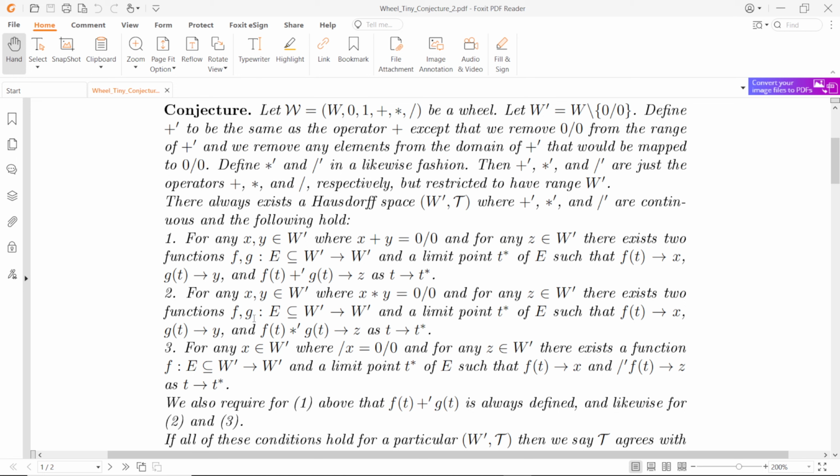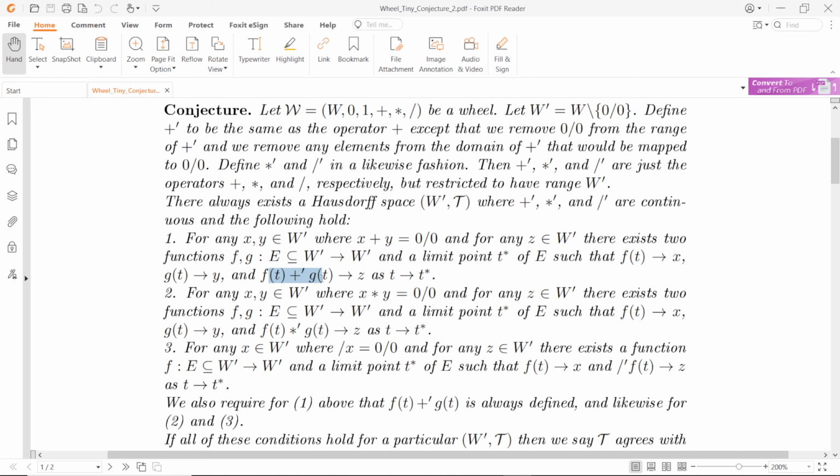Now, what am I talking about here? So what I'm saying is, if x plus y is omnity, then I can find functions f and g, such that f goes to x in the limit, g goes to y in the limit, and f plus g goes to any element that I want it to go to.